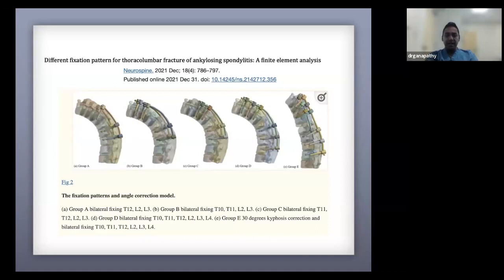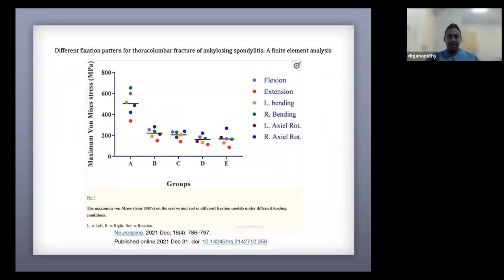So they had 5 groups, Group A to Group E, as you can see, with different fixation options, and they looked at different questions, and I'll give you a summary of that. What they were looking for was the von Mises stresses for each of these constructs, and each of these constructs will be put through flexion, extension, lateral bending left and right, and axial rotation left and right.